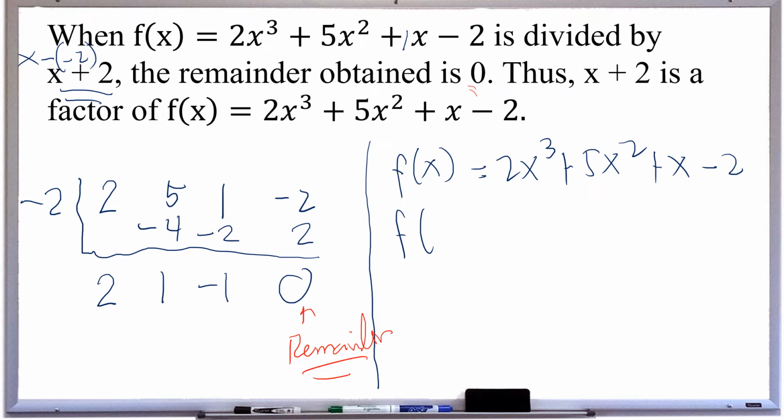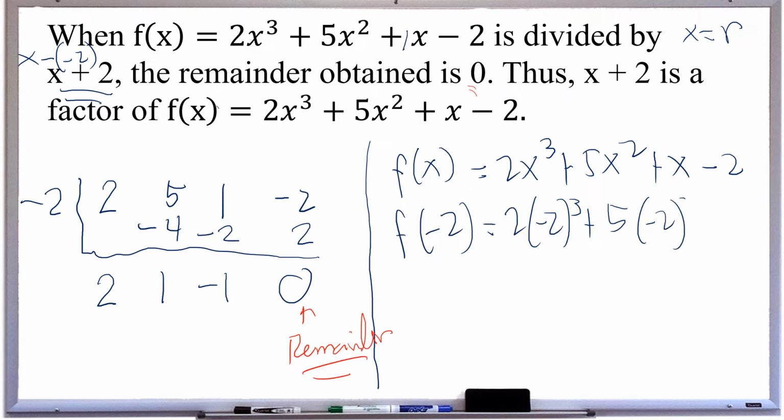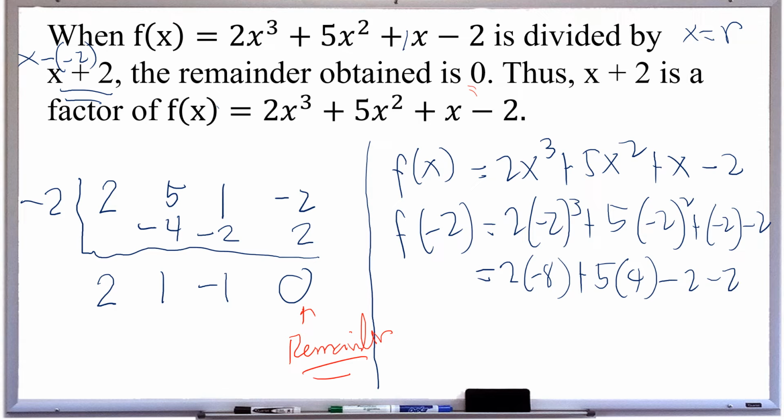Let's say x equals r, but here r is negative 2, so f of negative 2 equals 2 times negative 2 cubed plus 5 times negative 2 squared plus negative 2 minus 2. This will be equivalent to 2 times negative 8, since negative 2 cubed is negative 8, plus 5 times negative 2 squared, which is positive 4, then minus 2 minus 2.